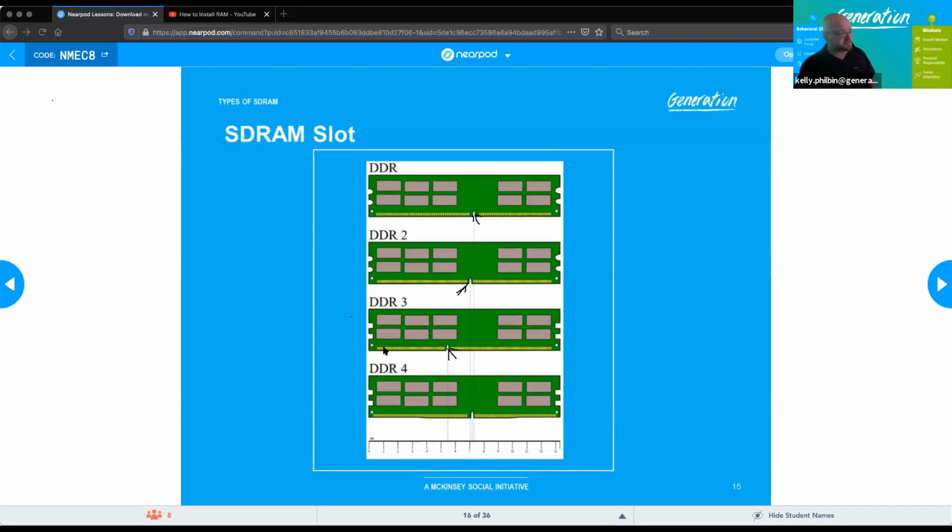They make it so you can't even install it, and a lot of this stuff isn't backwards compatible. That's why we were saying when you're about to install the RAM, lay the module down at an angle in front of the RAM bank slot, just to give yourself a quick eyeball, make sure that notch lines up, and then you can straighten it up and plug it in, and you know it works.